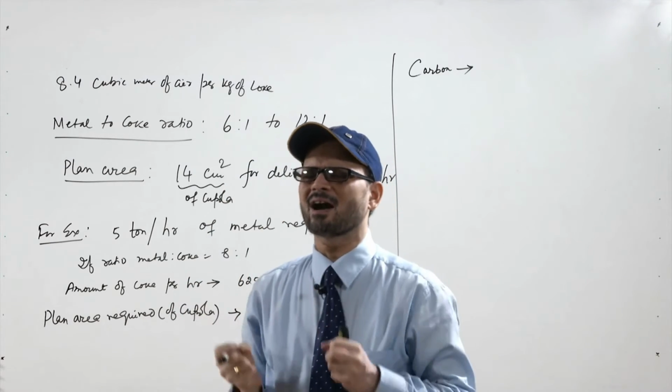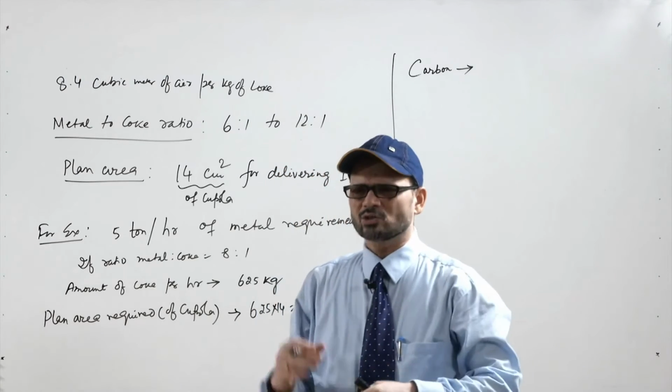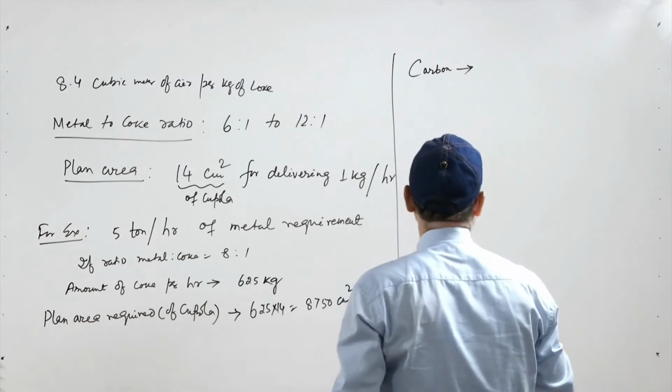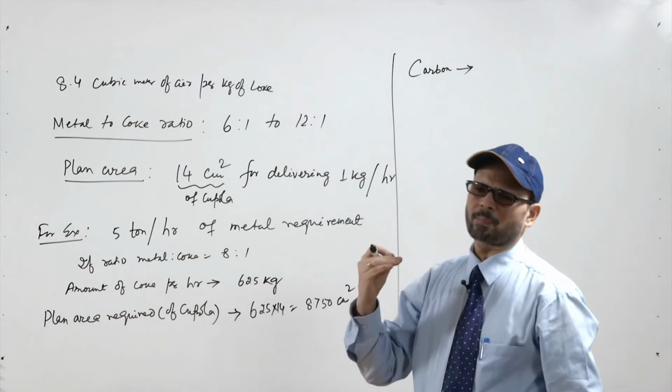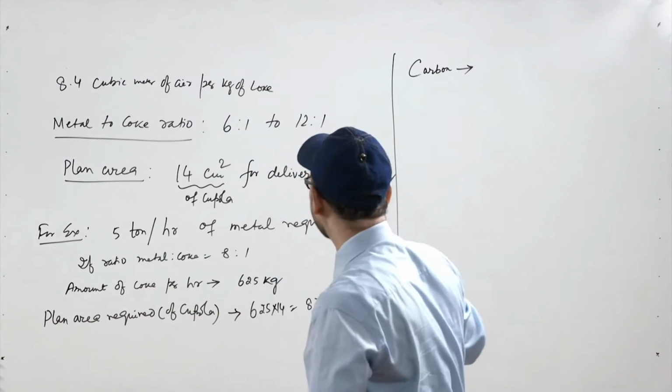So, it picks up the carbon from there, then further it comes through the coke bed. So, there will be pickup of carbon, maybe 0.1 to 0.23% or 0.3% maximum.